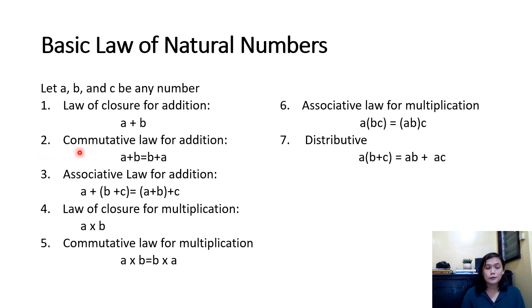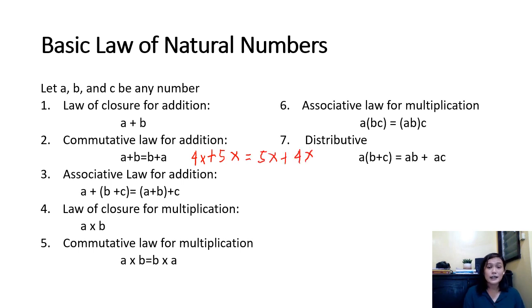Now let's proceed to the commutative law for addition. We have a plus b is equal to b plus a. Commutative law for addition means that even if you reverse the order, you still get the same value. Let's say we have an expression here, 4x plus 5x is equal to 5x plus 4x.